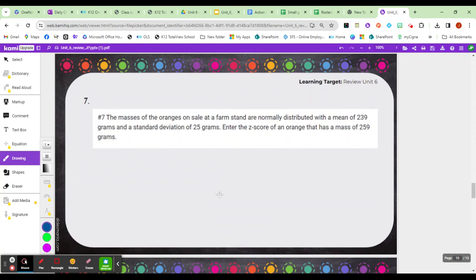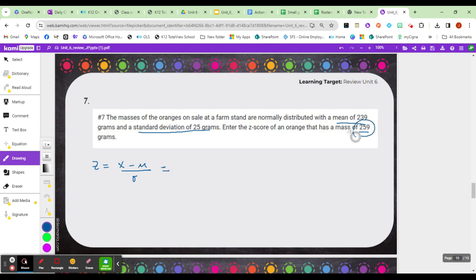Number 7, the masses of oranges on sale at a farm stand are normally distributed with a mean of 239 and a standard deviation of 25. Enter the z-score of oranges with a mass of 259. So we're going to use our formula for z-score. It's raw score minus mean divided by standard deviation.